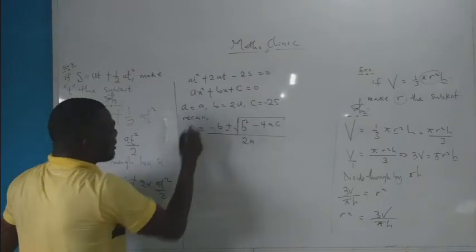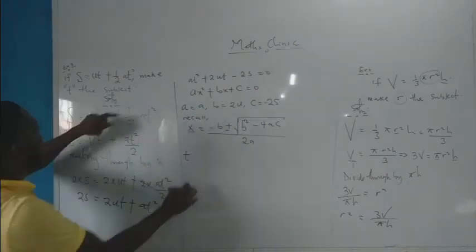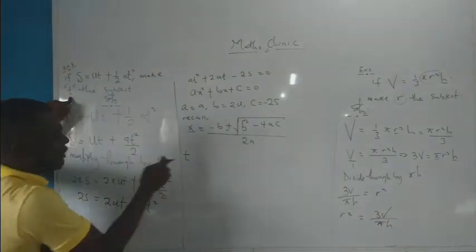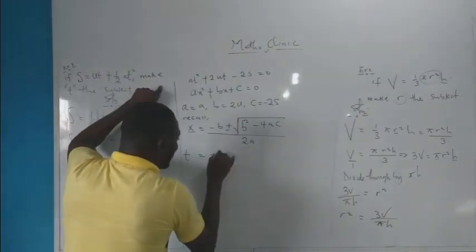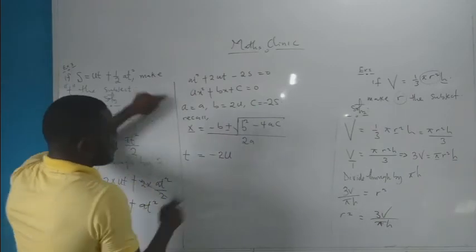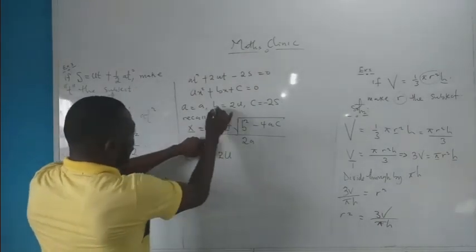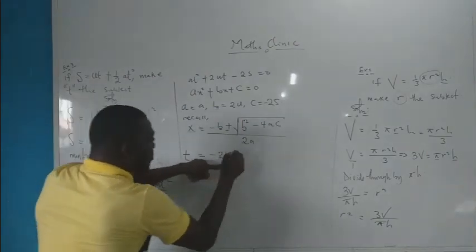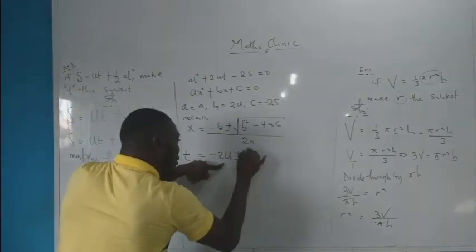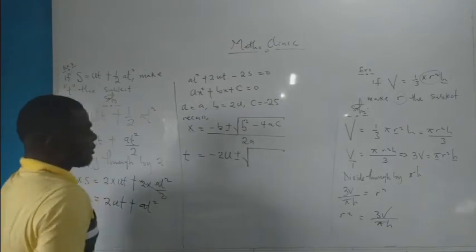So x is t, so this will be t. We have to make t the subject. This will be t equals to minus b, that will be minus 2u, plus or minus square root of b squared.